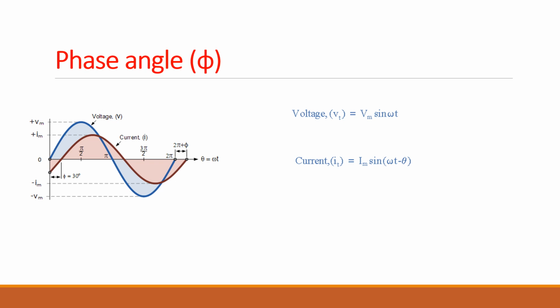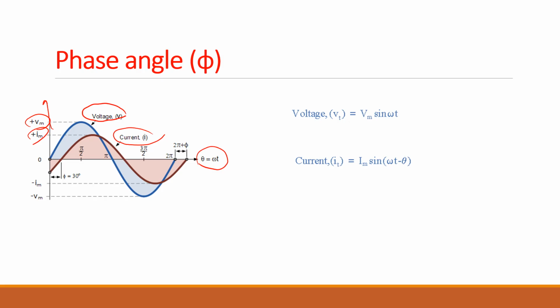Okay, now let's see phase angle. That is something important for us. If you look at the phase angle, you can see there are two signals here. One is the voltage signal and the other one is the current signal. So you can see current is shifted. If you consider this x-axis as the omega t, or else theta, and y-axis can be either the voltage or the current.